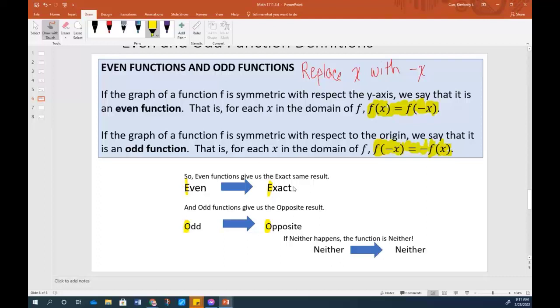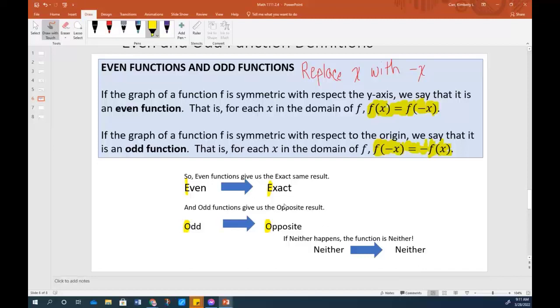Even functions give you the exact same result. Odd functions give you the opposite result. And it's possible that neither one is going to happen, that some of the signs change and some of them don't. But if it's not exactly the same, it's not even. If it's not exactly the opposite, it's not odd. So if neither happens, it is simply neither. So functions can be even, odd, or neither.